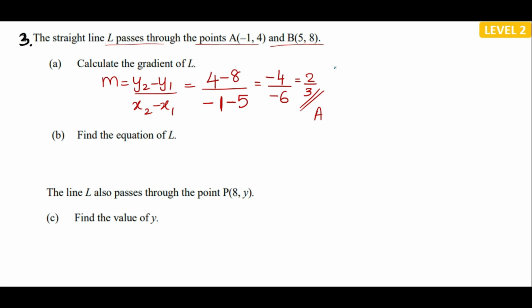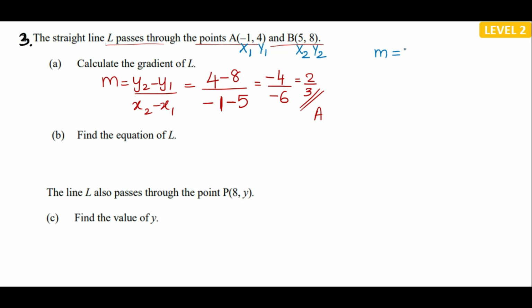Now it is a common doubt that students ask, what happens if I label them the reverse? For example, what if I label this as y1 and x1 and the coordinate B as x2 and y2? Let me tell you, it will not make any difference. I'll just show it here.